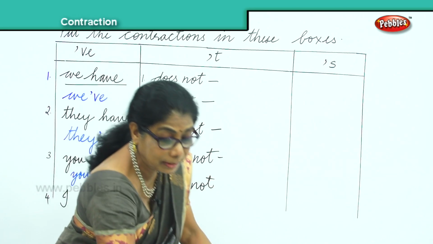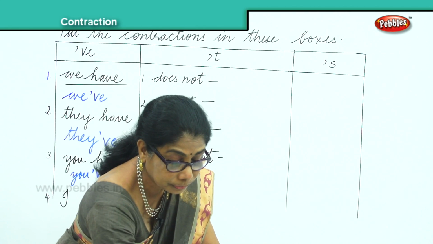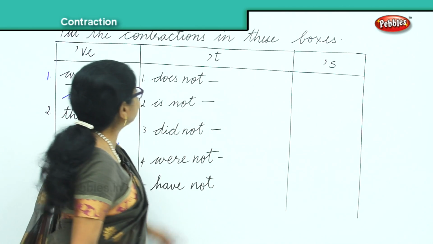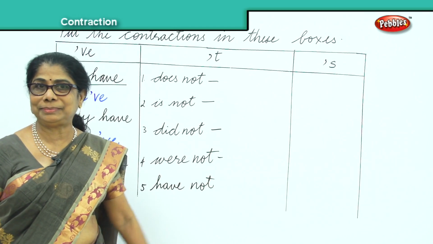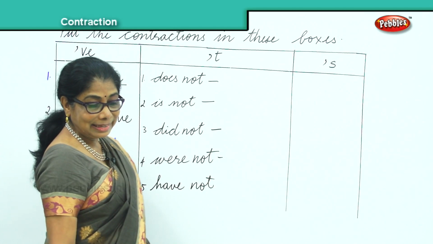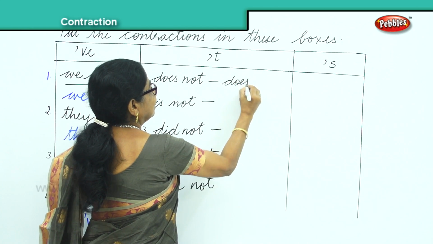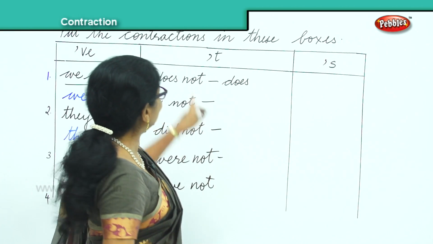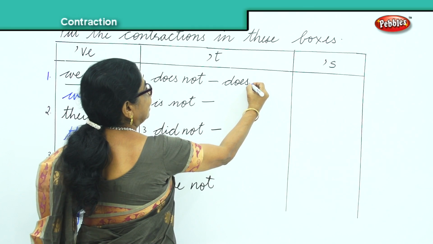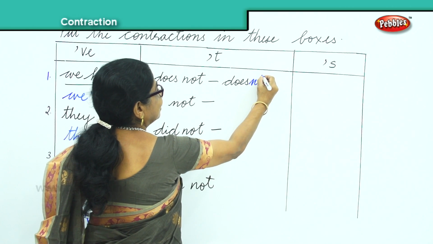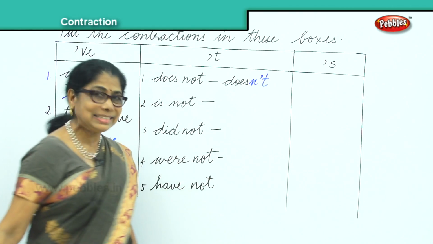Now let's do the contraction for this. Okay, now does not, then you will say doesn't. So you will write does and N, T, doesn't.